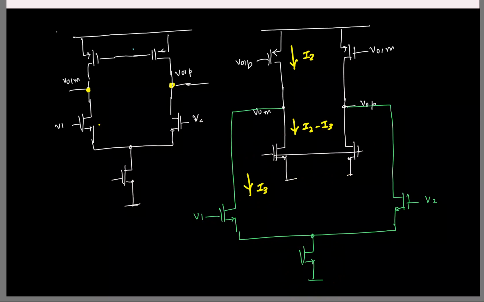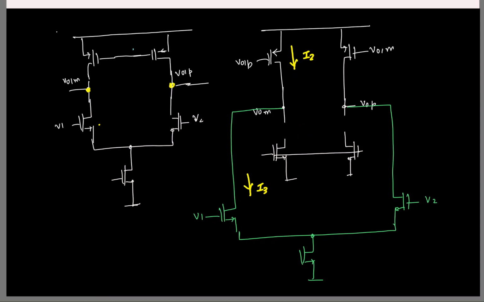See, other simplest way to think about is, now looks like this current is I2, this current is I3. The simplest choice is to take I2 to be equal to I3. That's a valid choice. That will make the current in this branch to be 0. Which means I don't even need to have this. That's a redundant current source. Okay.